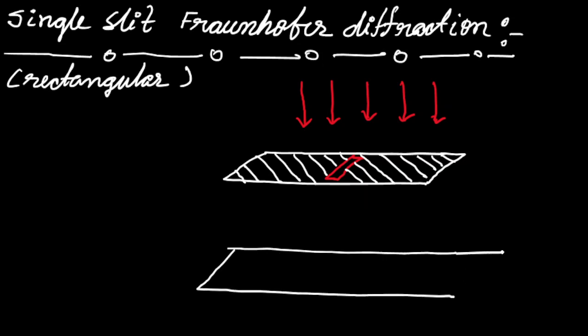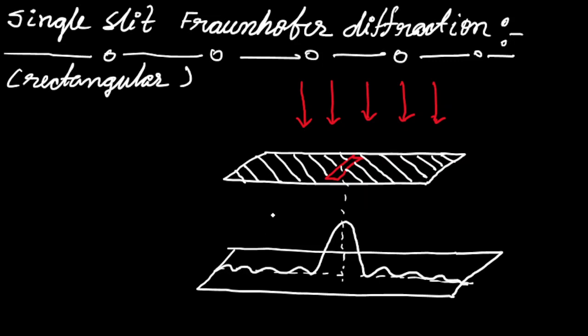On the screen, we'll get a diffraction pattern. When a rectangular slit is illuminated with a plane wavefront, usually we get a diffraction pattern which will look like this.